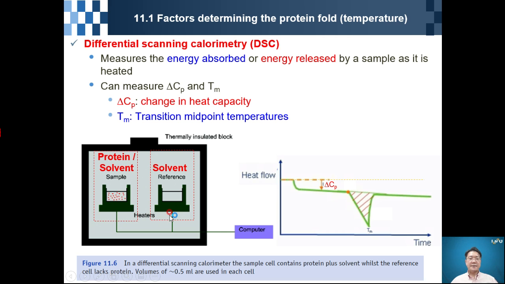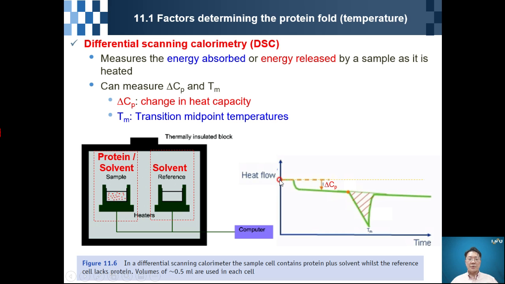By using this machine, we can measure delta Cp and the Tm. This is the graph. The x-axis is time and the y-axis is heat flow. This is the starting time.